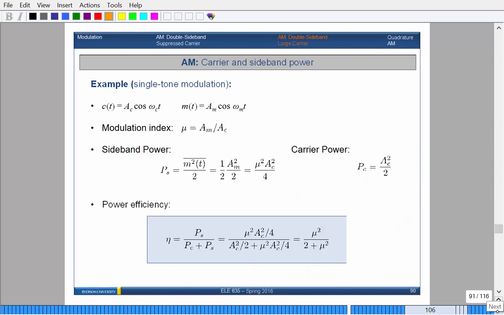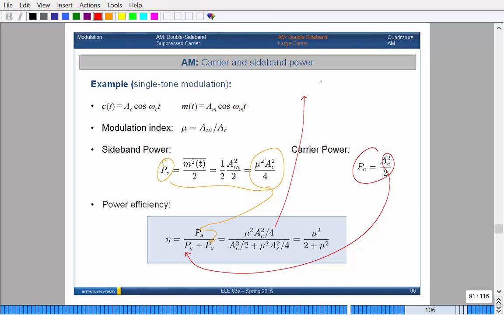So the power efficiency is very simple. You're going to take P_S, which is this guy over here, right? So this goes here and here. And then you're going to divide it by the total, which is the carrier plus the sideband power. So this goes over here. Okay. So when you add this up, you have mu squared A_C squared over 4. If you rearrange this, you can factor out an A_C squared from top and bottom.